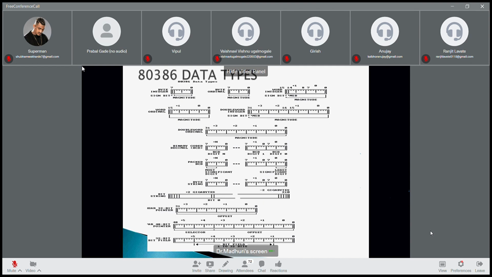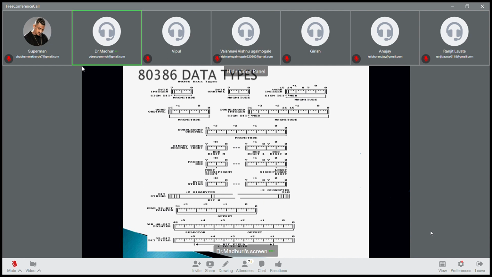Now next is the BCD, that is the byte unpacked representation of a decimal digit in a range from 0 to 9. Here you have unpacked decimal numbers which are stored as an unsigned byte quantity.